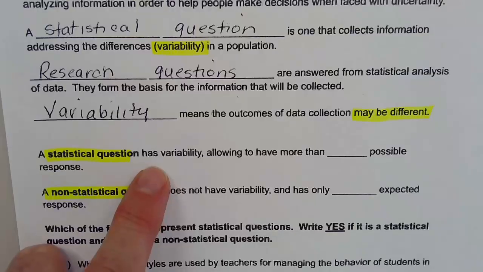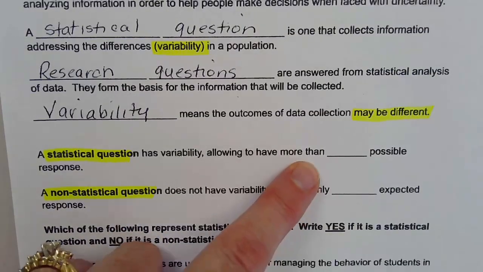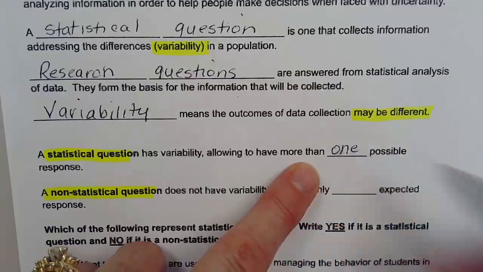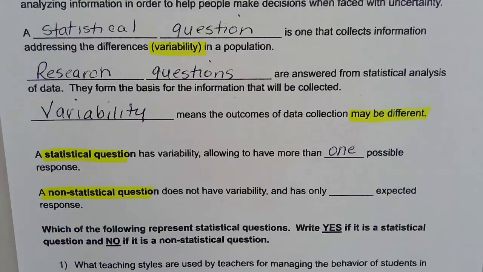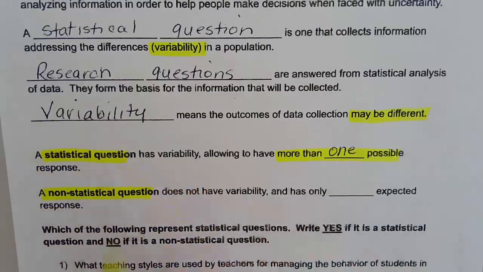A statistical question has variability, allowing more than one possible response. So we want more than one possible response. That means when you ask the question, if you can only get one answer, it's not a statistical question.